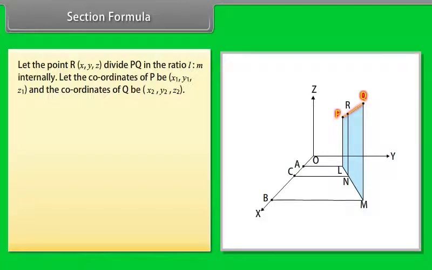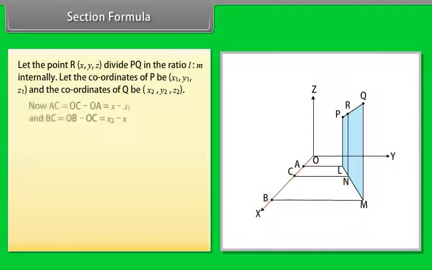From the points P, R and Q, draw PL, RN and QM perpendiculars to the XY plane. Draw LA, NC and MB perpendiculars to OX.